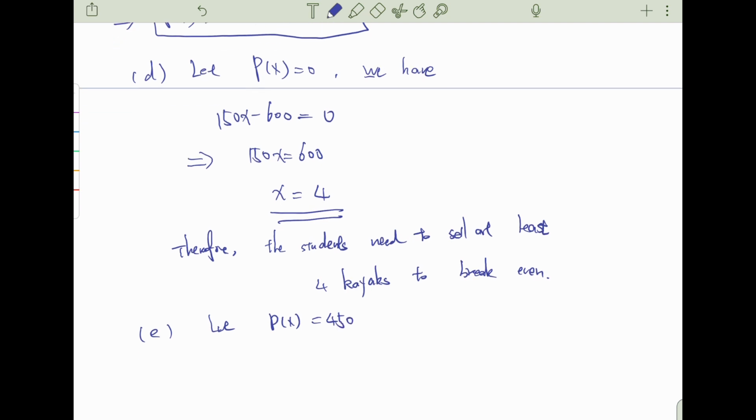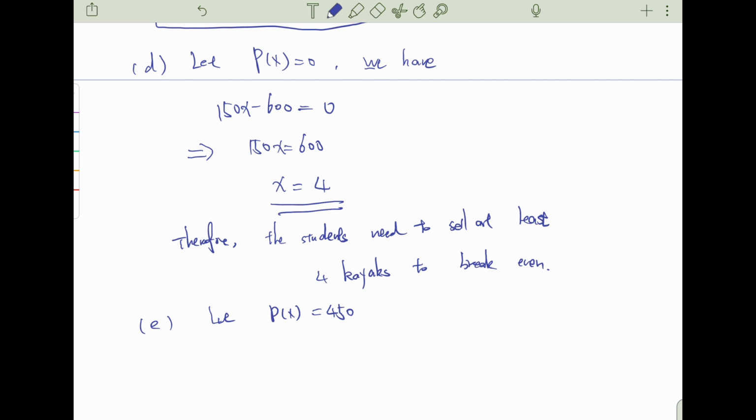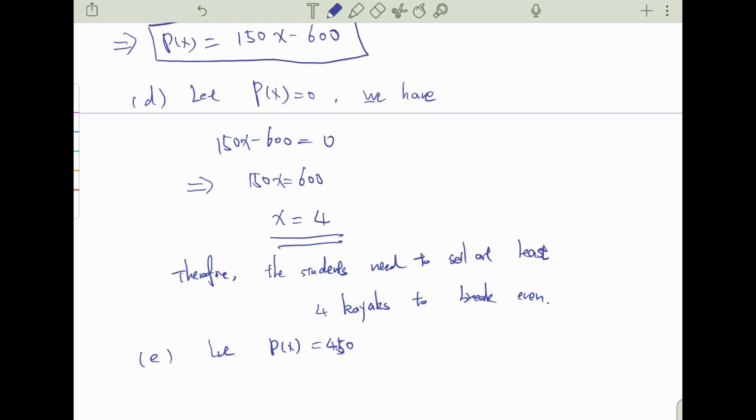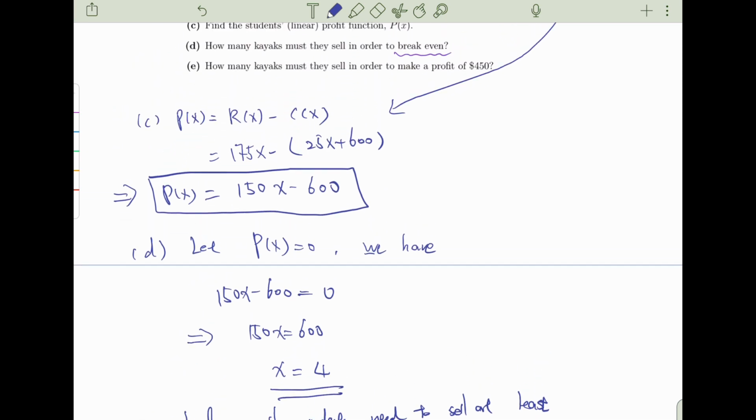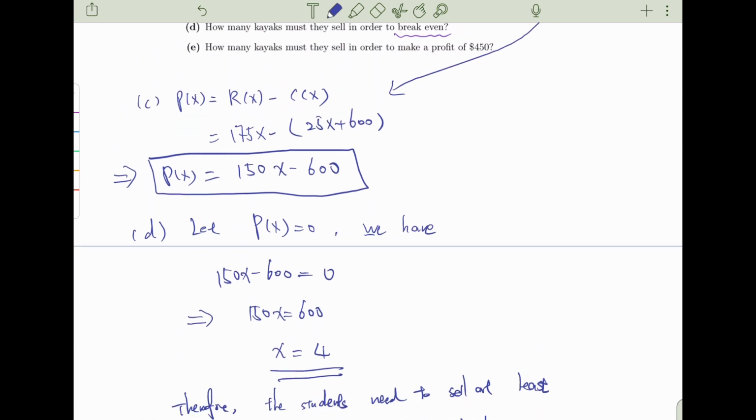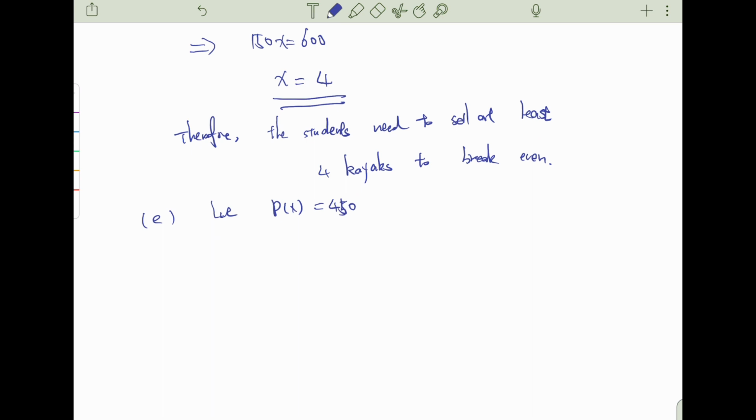That is the number of kayaks you have to build to reach that goal, right? So we have now our profit function just computed, that is 150x minus 600. So now we have 150x minus 600 equal to 450, right?